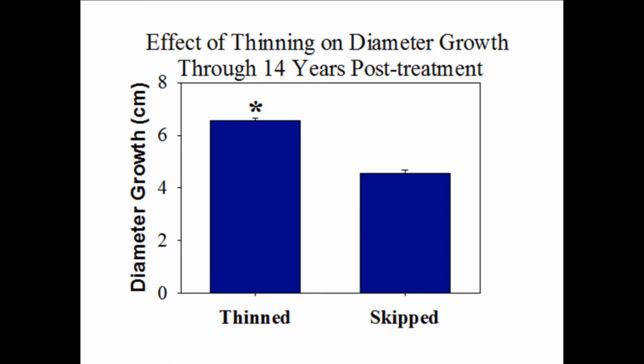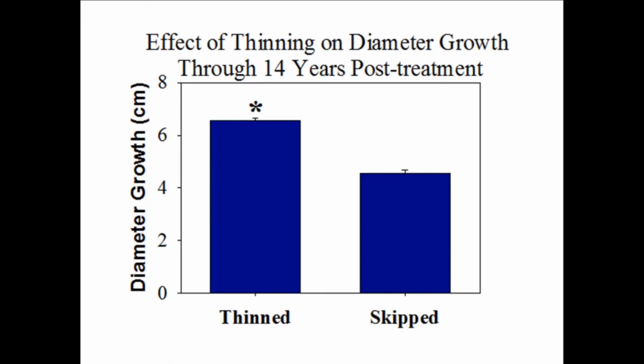So here's an example, a slide from effective thinning and diameter growth through 11 years post-treatment. And this is based on 5 stands. So we're looking at that 14-year growth in 5 stands, the portion of the stand that was thinned and the portion that was skipped. And you can see that it was greater in the thinned portion than in the skipped portion.